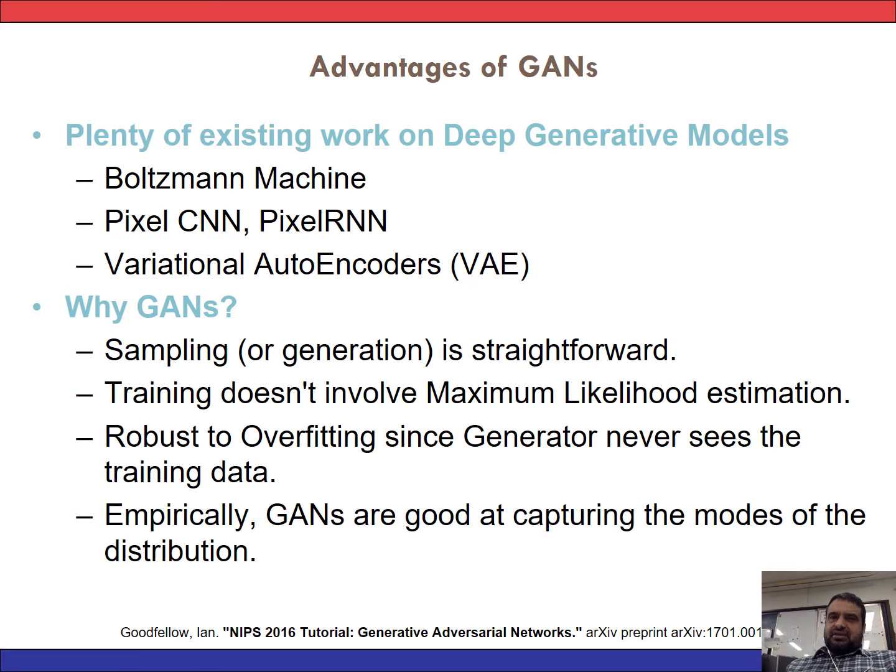Third, the generator is not taking an image as input. In the variational autoencoder and all other autoencoders, the inputs were images, but here the generator takes noise as input, which is sampled from the data distribution, and then generates the images. So the generator is not seeing any kind of training sample.